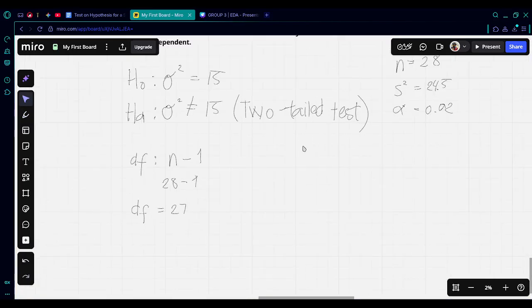Next, after we got our degrees of freedom, we will now use the formula of the test statistic, which is the chi-squared. So what is the formula?